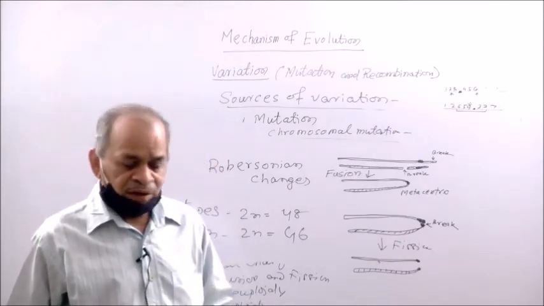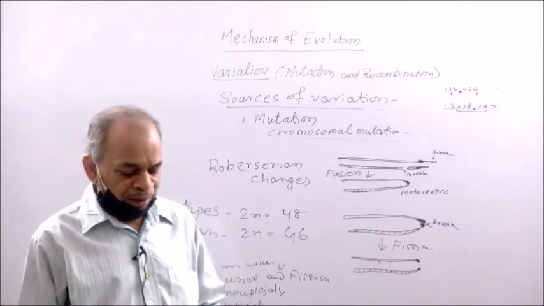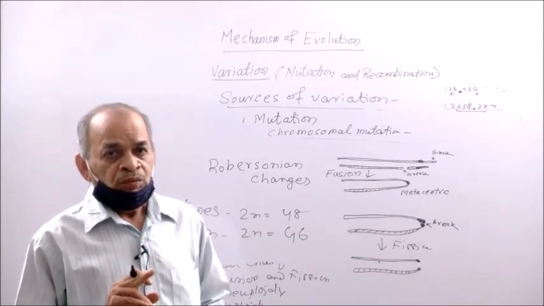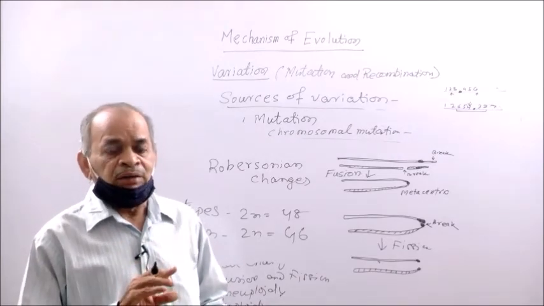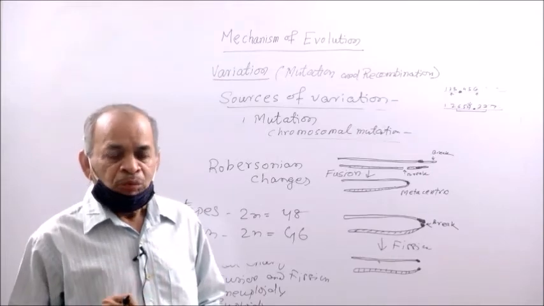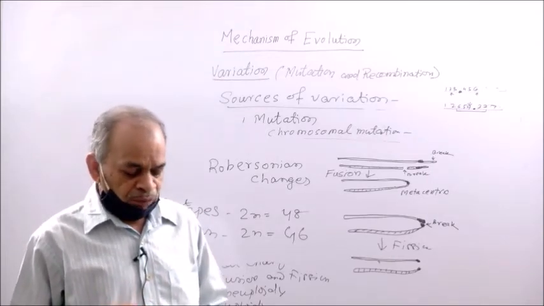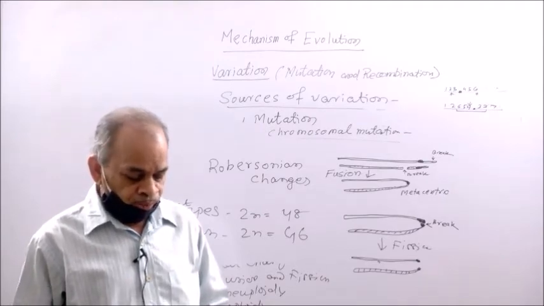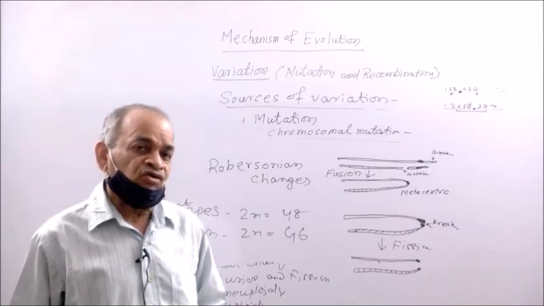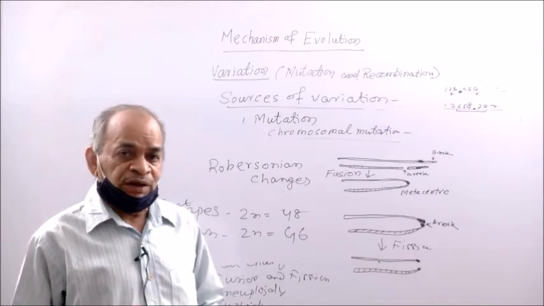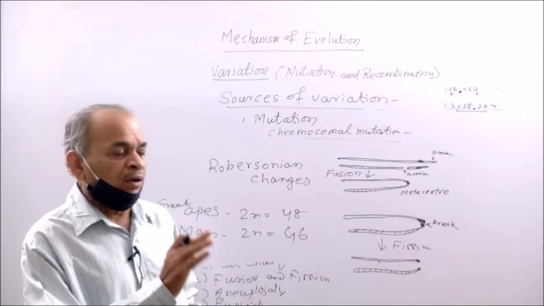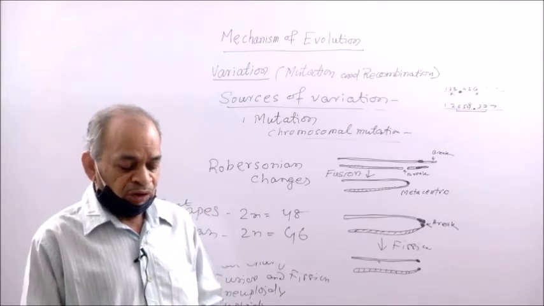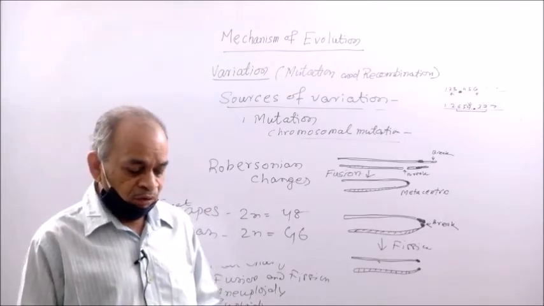It is most likely that man has descended, as per evolution theory, from any one of these 48 stock through centric fusion at some stage. At some stage, through centric fusion the number has been reduced to 46, instead of 48.